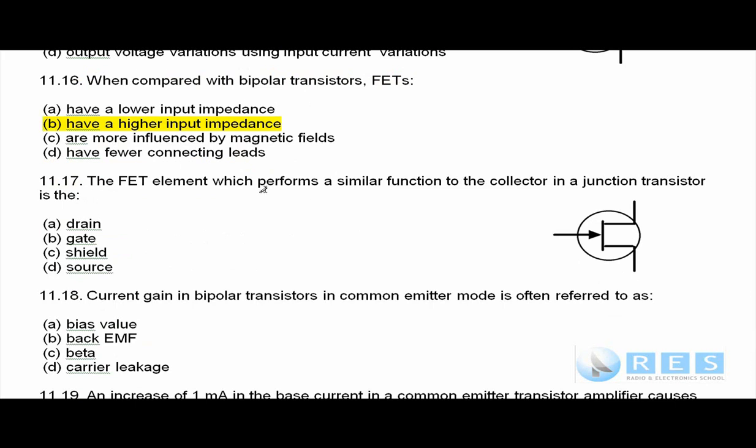11.17, the element which forms a similar function to the collector in a junction transistor is called the drain. Let me write down the similarities. The drain of a FET is the collector in a BJT transistor.